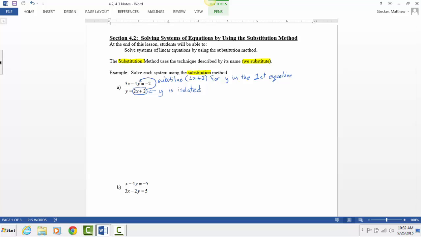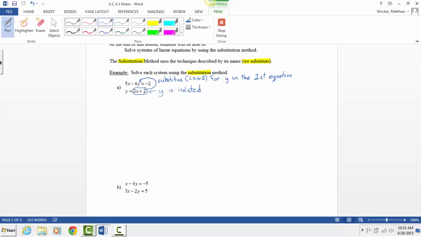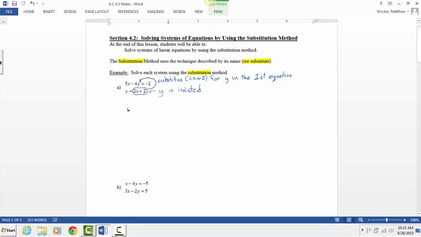And so if I take the first equation, it's 5x minus 4y equals -2. And so far in this class, we pretty much only substituted values in.